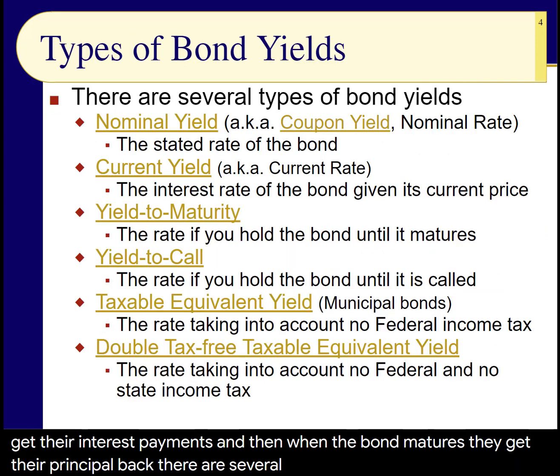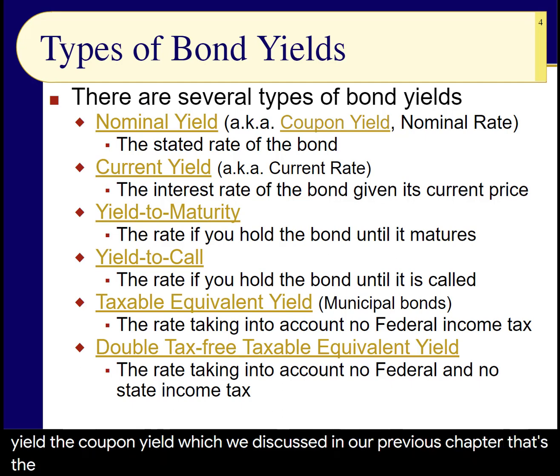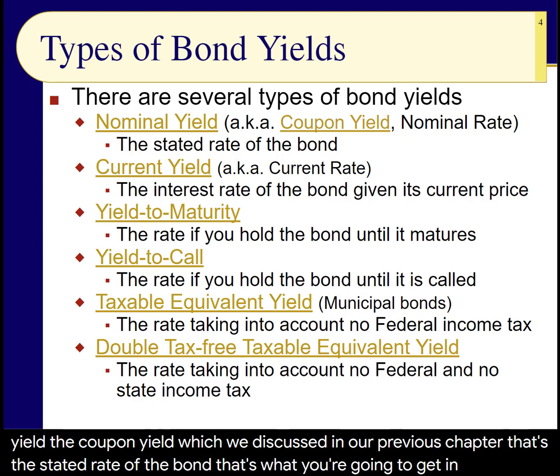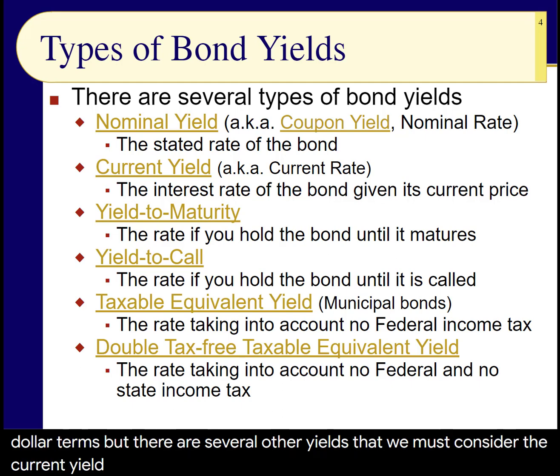There are several types of bond yields. The nominal yield, the coupon yield, which we discussed in our previous chapter, is the stated rate of the bond. That's what you're going to get in absolute dollar terms. But there are several other yields that we must consider: the current yield, the yield to maturity, the yield to call.